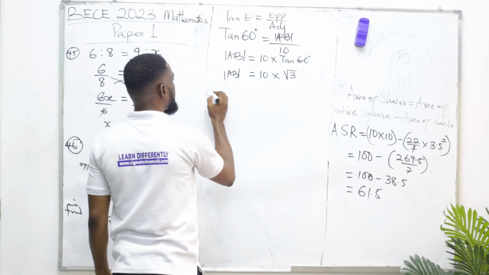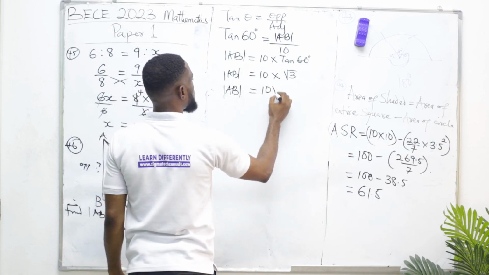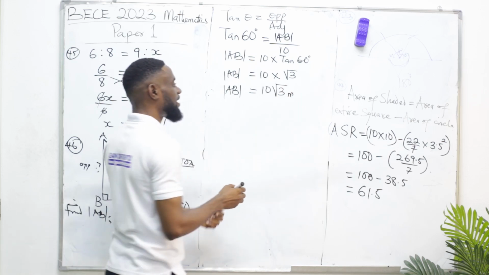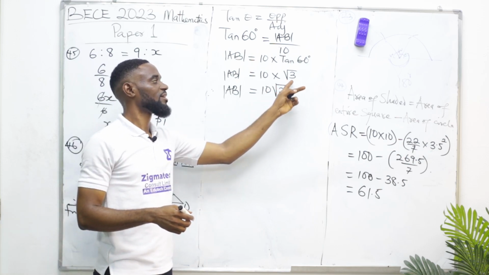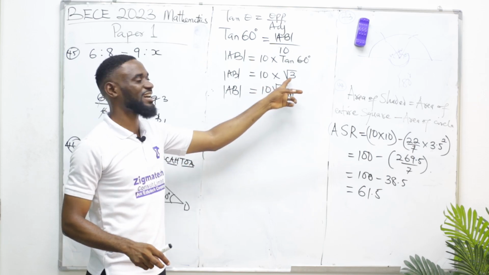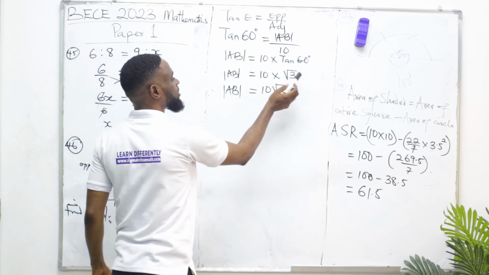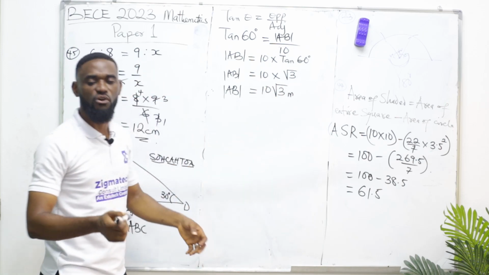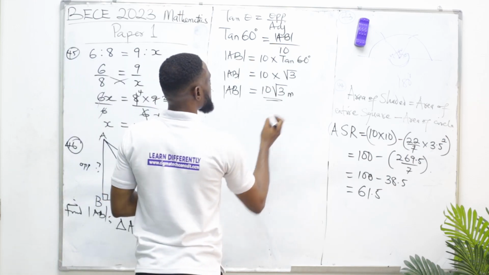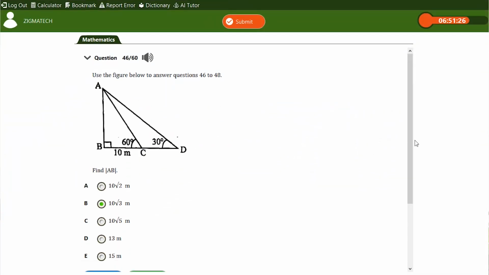Therefore, AB is equal to 10 root 3 meters. Remember, this is not 30, because 10 is not in short form, so it cannot affect what is in short form. 10 times root 3 is 10 root 3, just like 20 times root 4 is 20 root 4. That is how it's done. So our AB is 10 root 3, which is option B, the correct option.